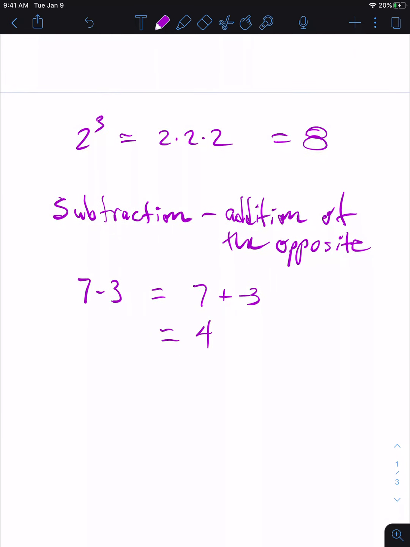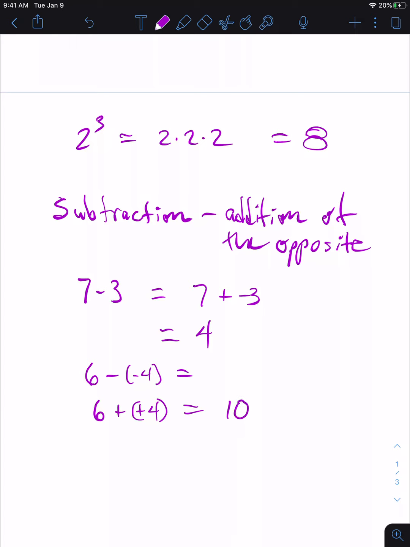But what if we were talking about an expression like 6 minus negative 4? If you treat that as addition of the opposite, what is the opposite of negative 4? This is the same as saying 6 plus the opposite, which is positive 4. And now you can say, oh, that's just addition of 6 and 4, so that's 10.